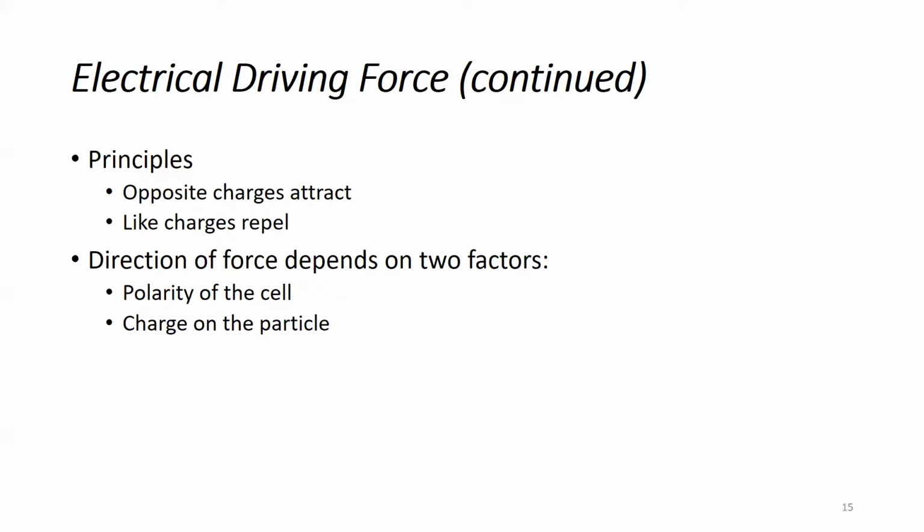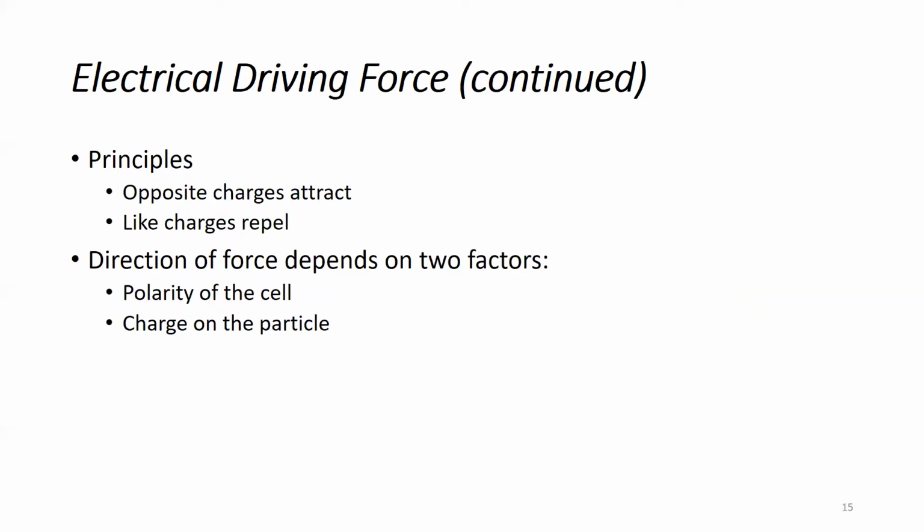Okay. Now it's also dependent on the polarity of the cell, as well as the charge on that particle. If we're talking about sodium, sodium is what type of ion? It's a cation, right? So the charge on that individual particle as well as the polarity.